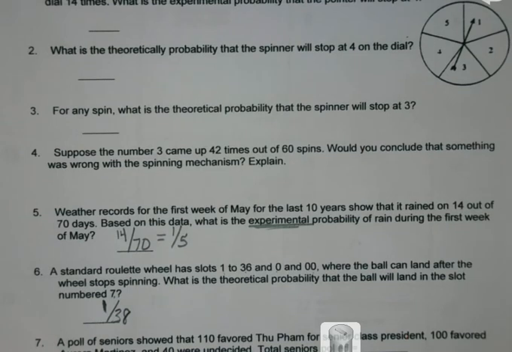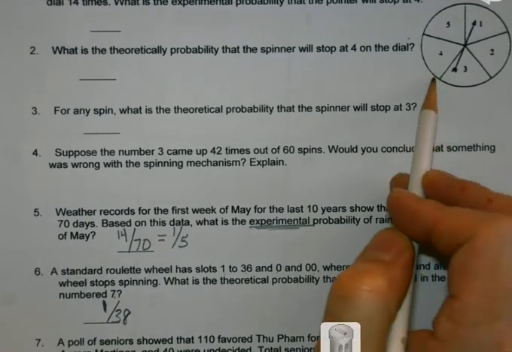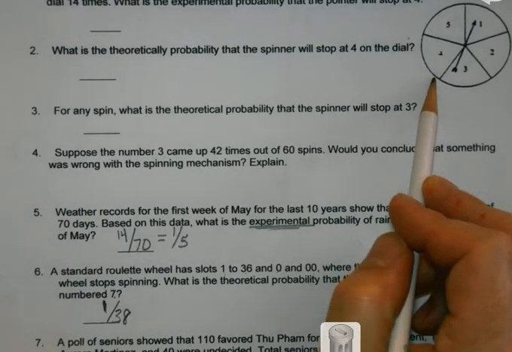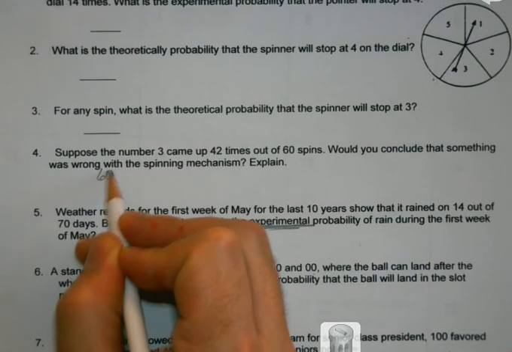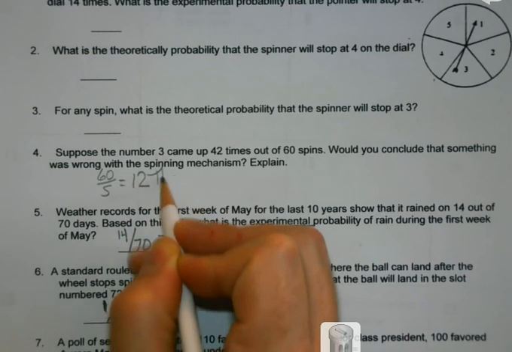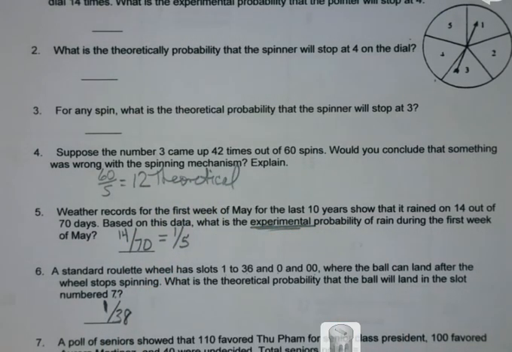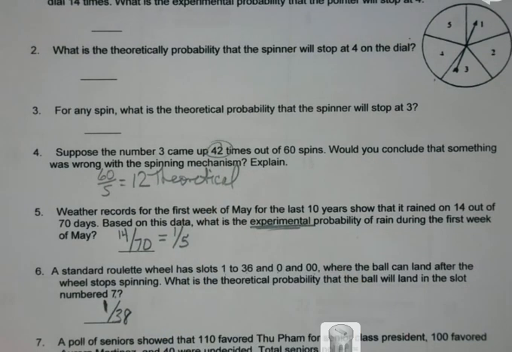I personally on number 4 would be saying yes. Because theoretically, if this is my spinner, how many times should it be coming up on 3 in 60 spins? There's 60 spins, and there's 5 digits. Theoretically, it should only be coming up 12 times. But it popped up 42 times.